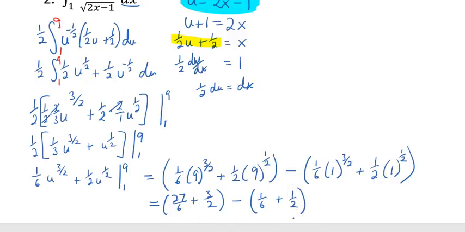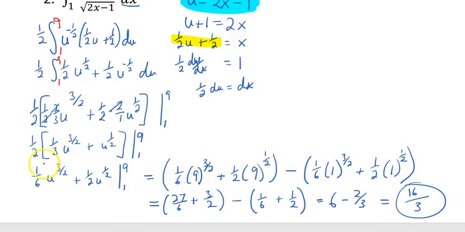And I'm out of room, so I'm going to go ahead and tell you this first set of parentheses comes out to be a 6. The second set comes out to be a 2/3. And again, I had to do common denominators to get all that. And so I end up with 16/3 as my final answer.